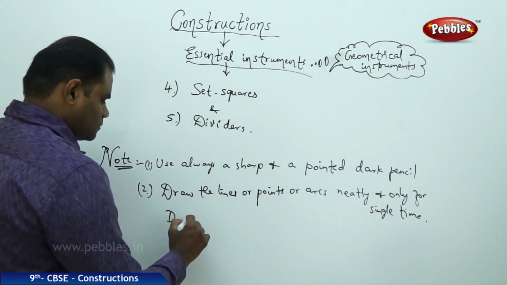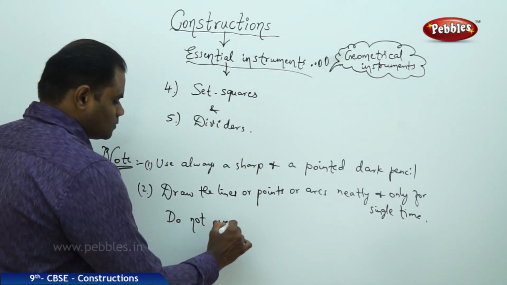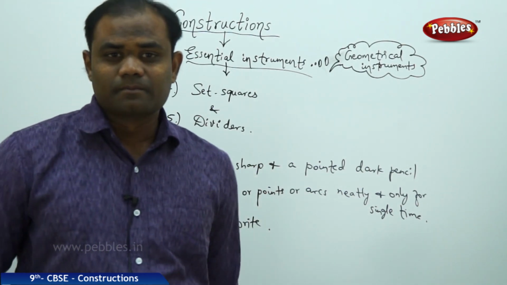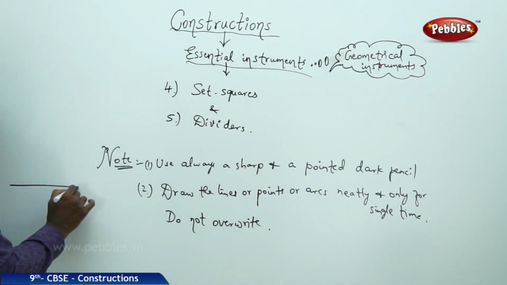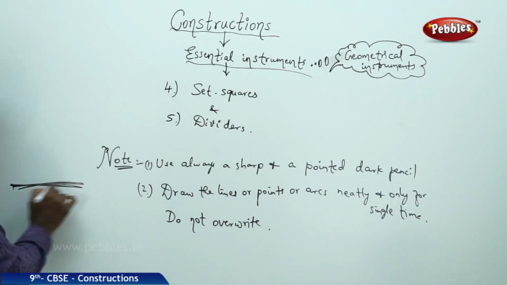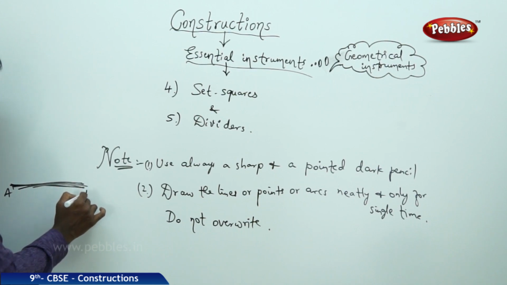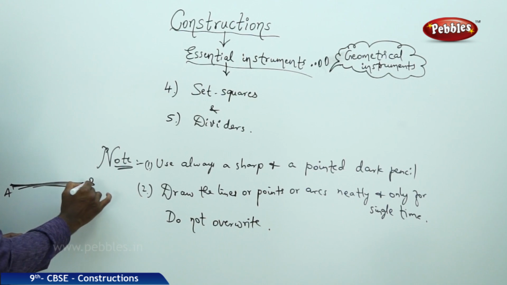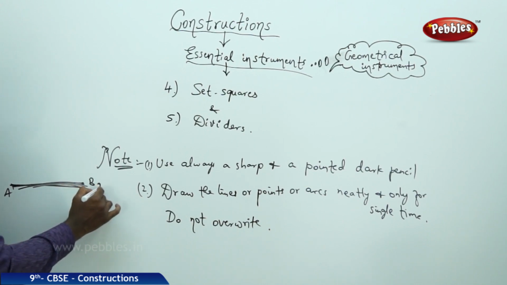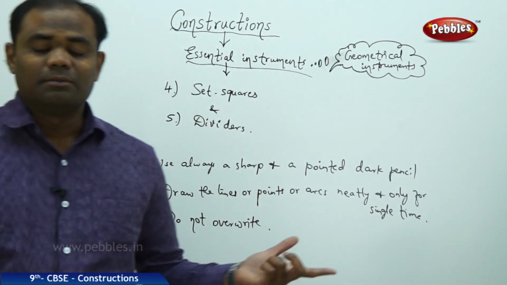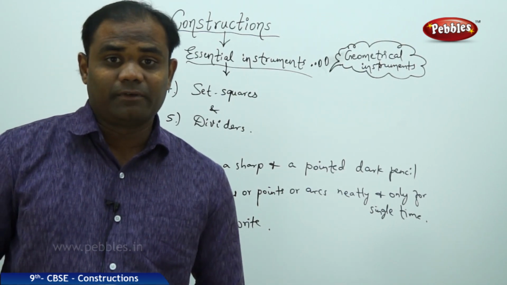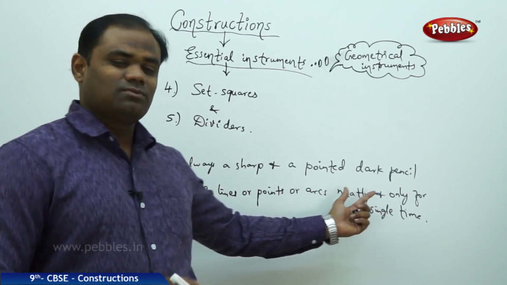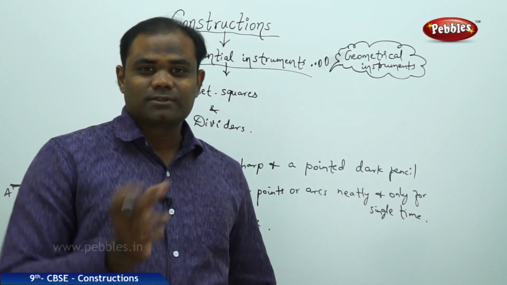So here, do not overwrite is the suggestion I would sincerely give to the students, because if you just draw a line and if you overwrite this in such a manner, then your point A and point B, which was actually here, because of overwriting, jumps here. This error of the difference makes the whole construction wrong, may not be perfect. So do not ever overwrite. Draw the lines or points or arcs, whatever you take, neatly and only for single time.